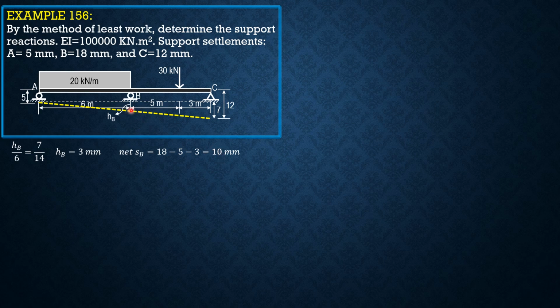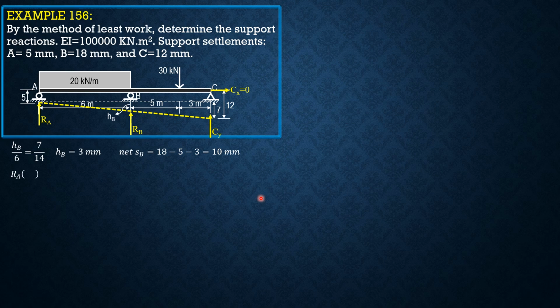And this 10 mm is treated negative if the reaction at B is upward and the displacement is downward, so this is treated as negative 0.01 meter. So let's assign RA, RB, and RC. I select RB as the redundant, so let's express RA in terms of RB by summing up moments about C equals 0.